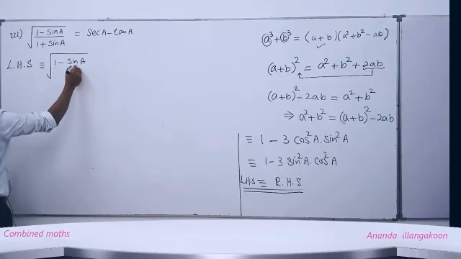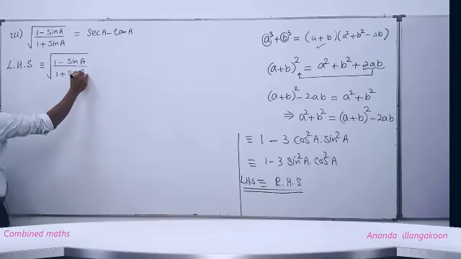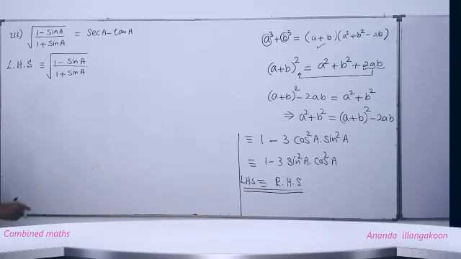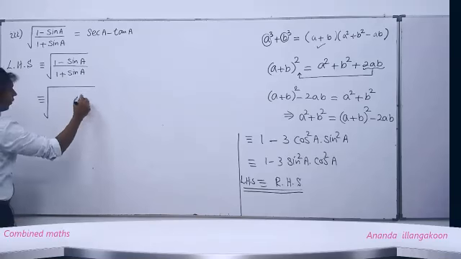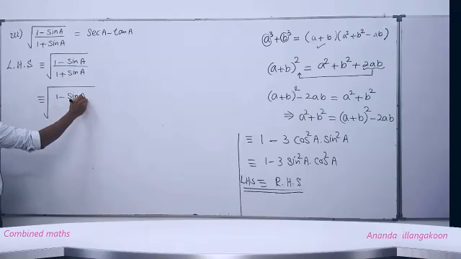Square root of 1 minus sin A divided by 1 plus sin A. Now here, inside the square root is a fraction.